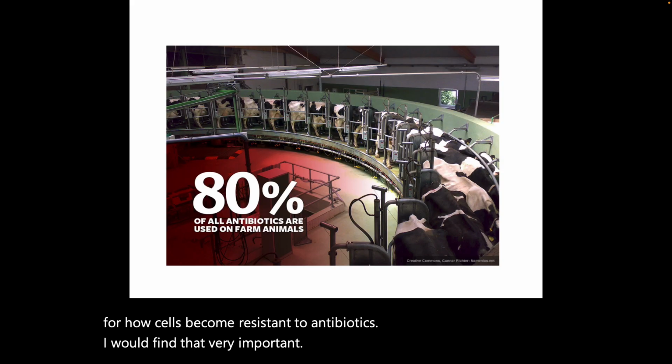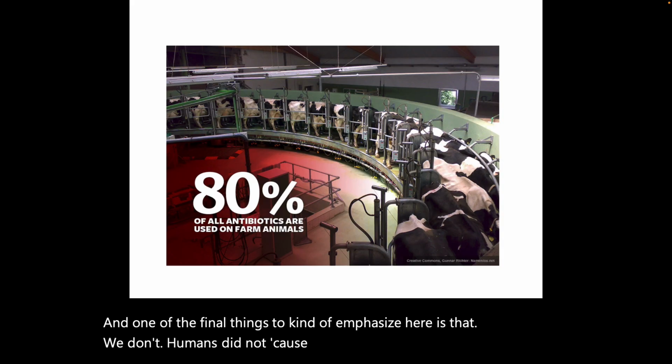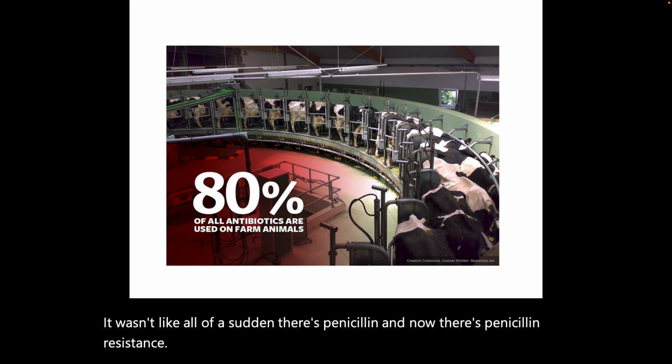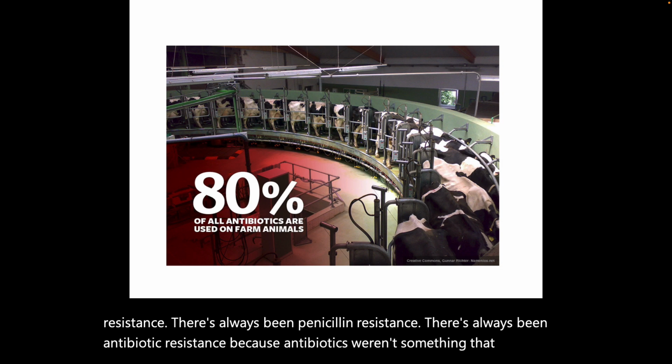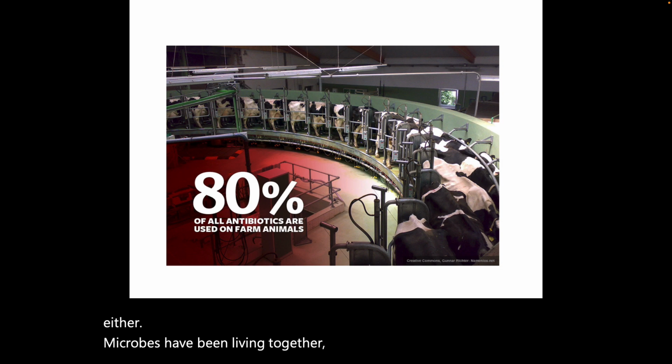And one of the final things to emphasize here is that humans did not cause antibiotic resistance. It wasn't like all of a sudden there's penicillin and now there's penicillin resistance. There's always been penicillin resistance. There's always been antibiotic resistance because antibiotics weren't something that we created either. Microbes have been living together, especially in soil communities, for millions or billions of years.